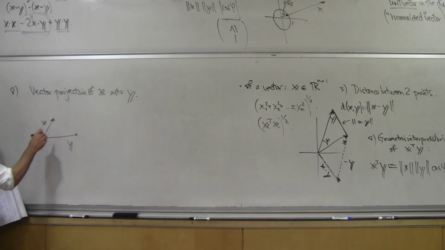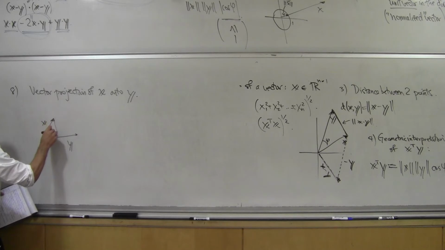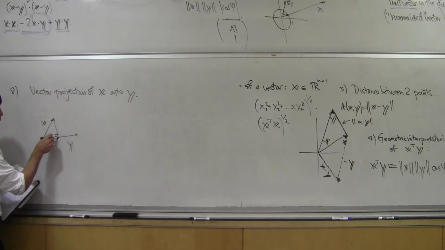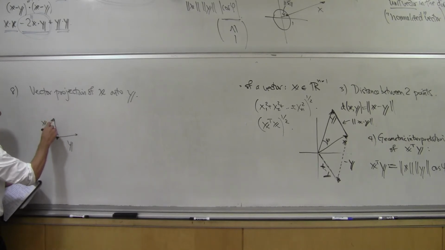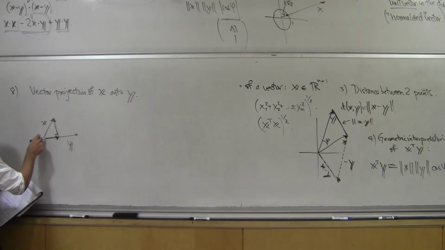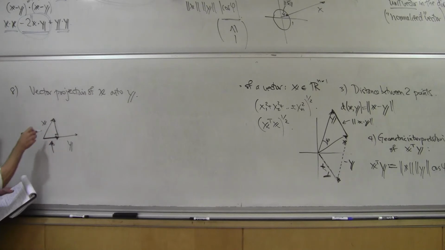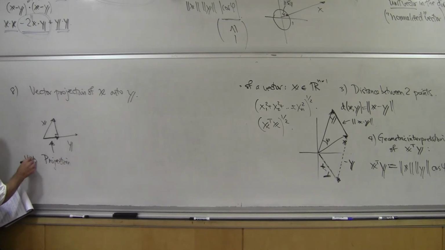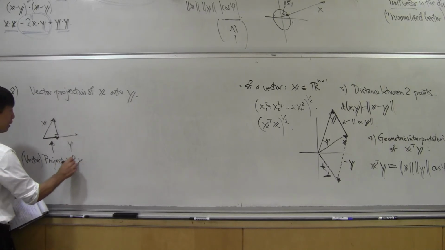You want to break x into two pieces, one of which is parallel to y, and the other of which is perpendicular. So you want to break x into this guy plus this guy. Or another way of saying it is you want to see what this guy is here, and once you know what this guy is, you know what the other guy is. This thing here is called the vector projection. People usually just say projection: the projection of x onto y.